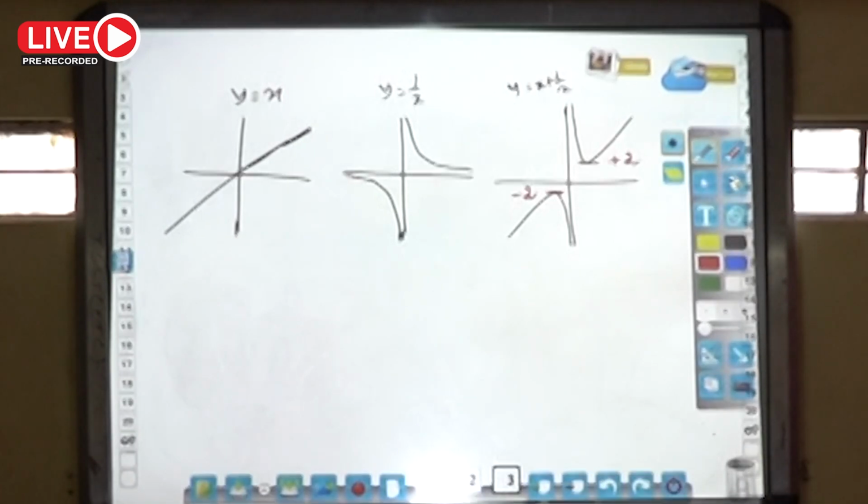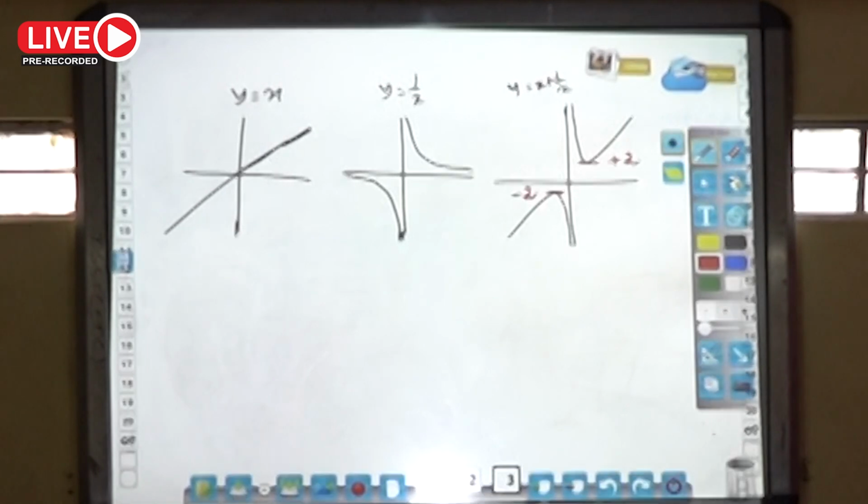Maximum value of the function lies in the third quadrant, so it is negative. And minimum value of the function lies in the first quadrant, so it is positive. Though it looks ridiculous that the minimum value can be greater than the maximum value, the graph shows that it actually happens.